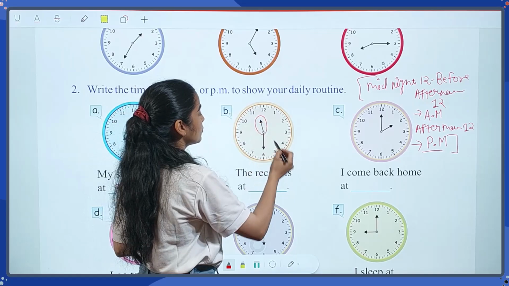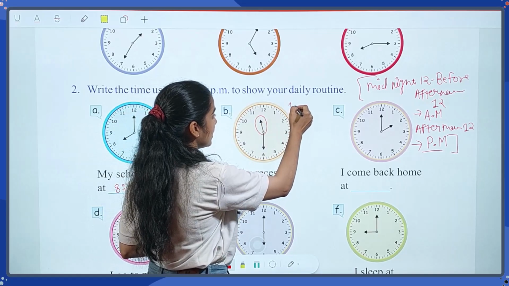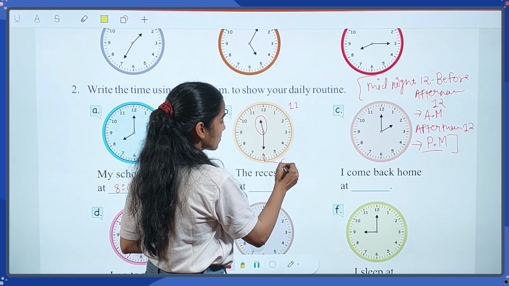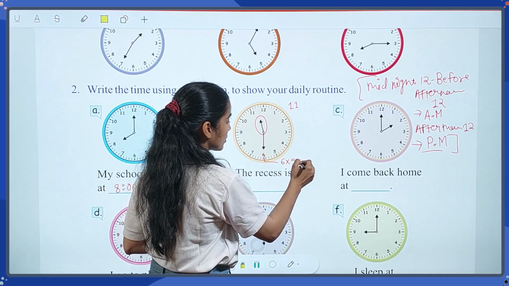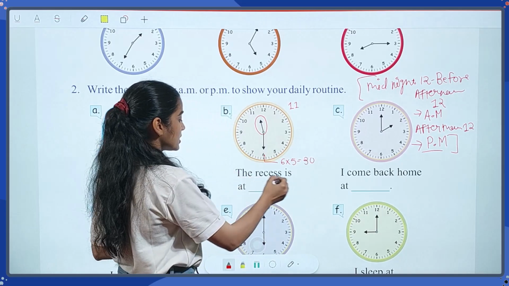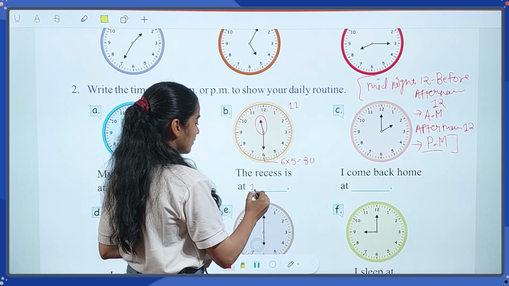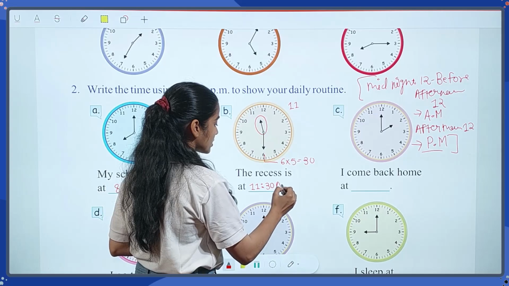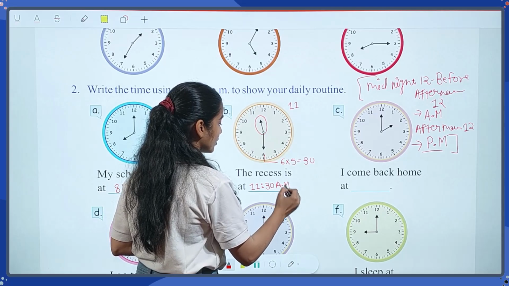So what do we have to take? The smaller one, which is 11. And now we have the minute hand at 6, which means 6 multiplied by 5, that is equal to 30. So your answer will be, the recess is at 11:30 AM because this is before the afternoon 12.